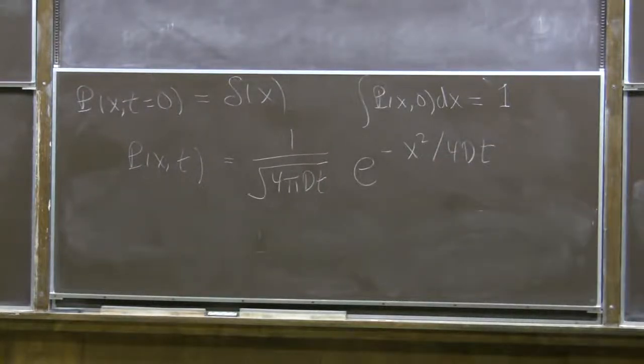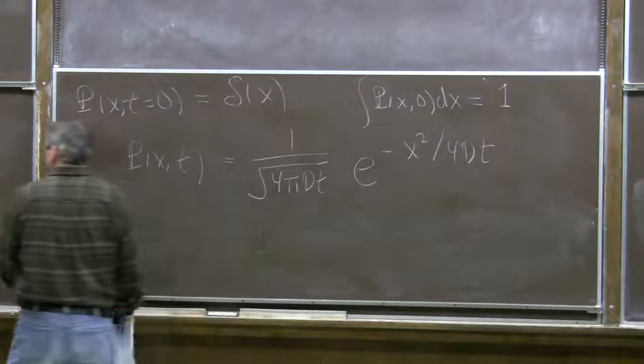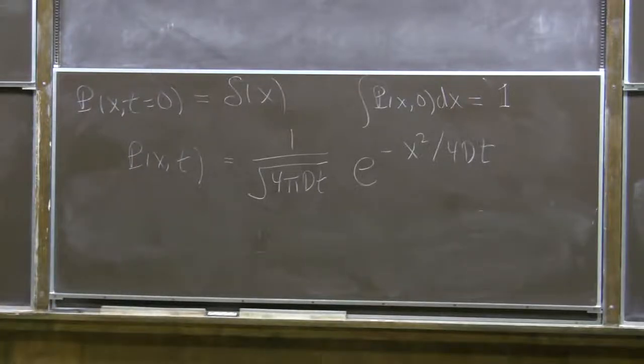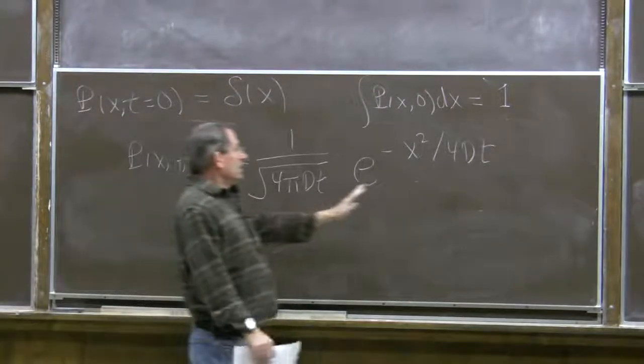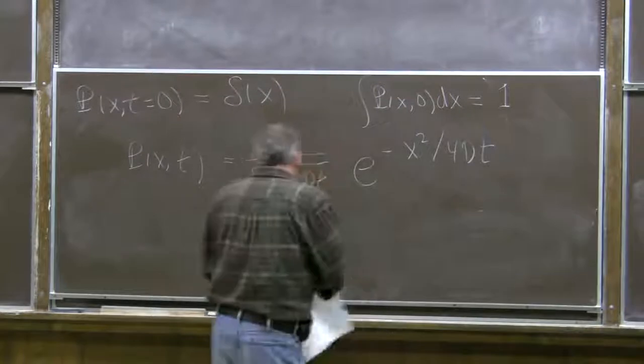And you can check just by differentiating with respect to x twice and differentiating with respect to t once that that expression obeys the diffusion equation. It's the unique solution obeying our boundary condition that the probability distribution is a delta function at time 0, and it is normalized correctly at all times and always non-negative.